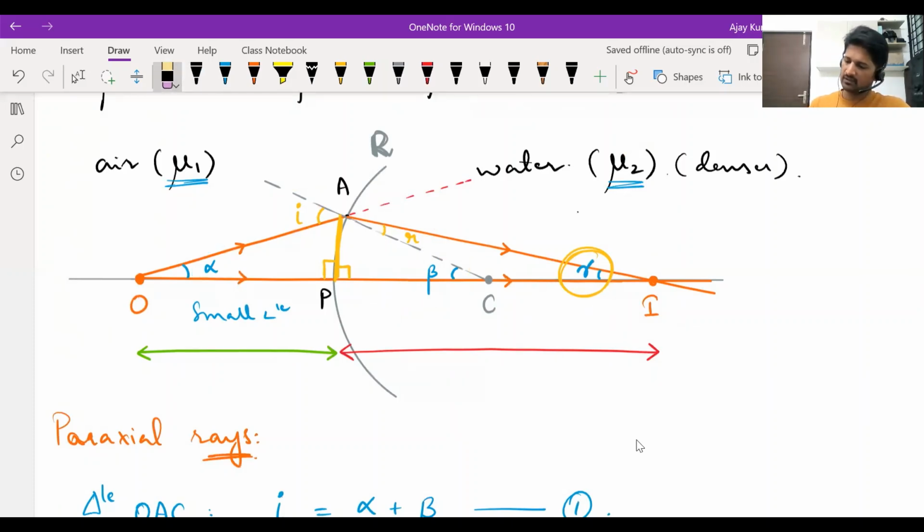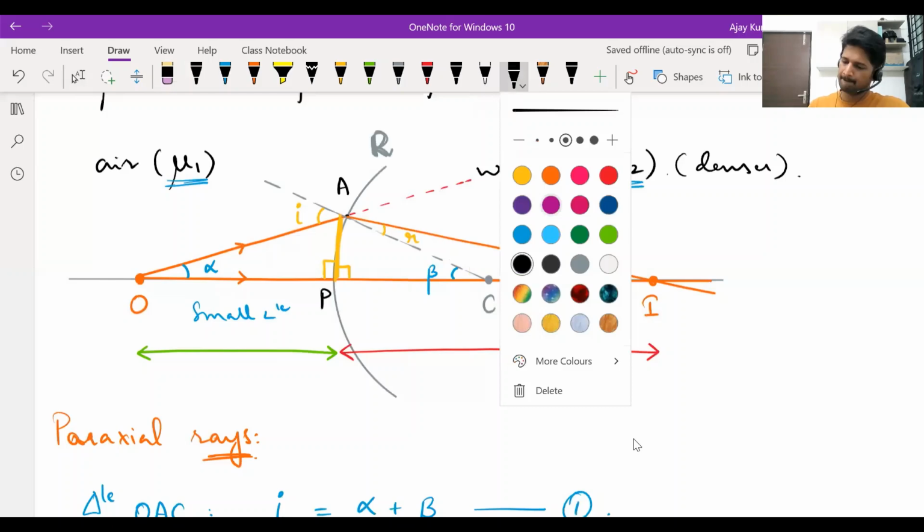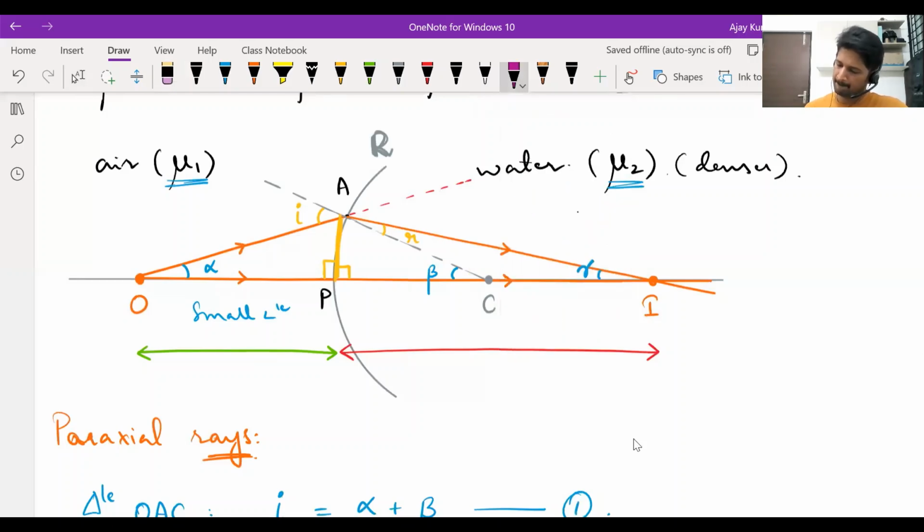The same way we did it while deriving the mirror formula. We use tan alpha, tan beta, tan gamma. One of you look at the triangles and tell me how much is tan alpha? Or how do you express tan alpha?